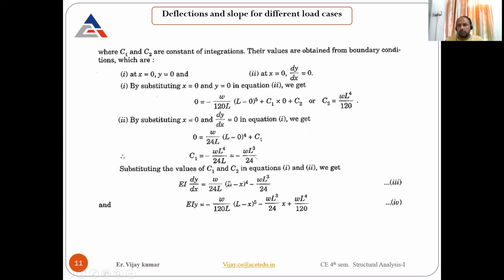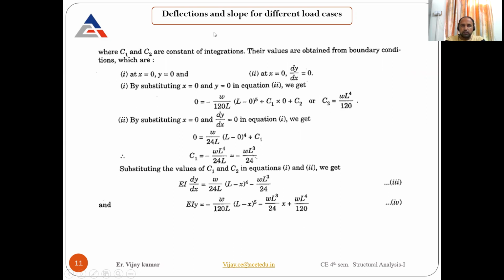Now we know the values of C1 and C2. Put them back into the slope and deflection equations. The slope is W/24 (L - x)⁴ - WL³/24, using the value of C1. Putting C2 and C1 into the general deflection equation, it is -W/120 (L - x)⁵ - WL³x/24 + WL⁴/120.